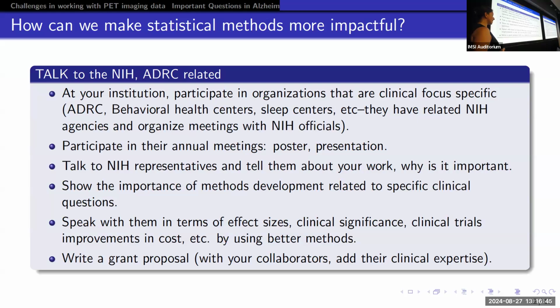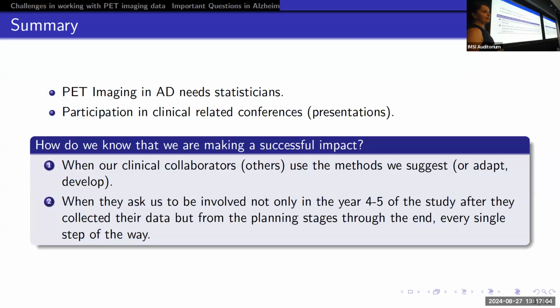Show the importance of the methods, speak with them in terms of clinical effect sizes, clinical significance, clinical trials, and the importance of cost reduction by using the correct methods, and write a grant proposal with your collaborators, adding their clinical expertise. That's always helpful. So I think, in my opinion, PET imaging needs more AD, and AD needs statisticians' participation in clinical conferences. It's important.